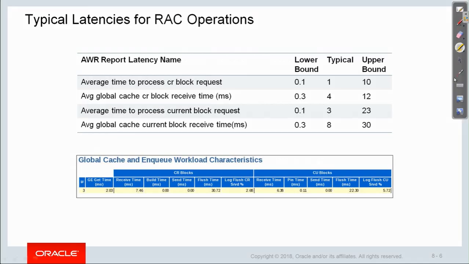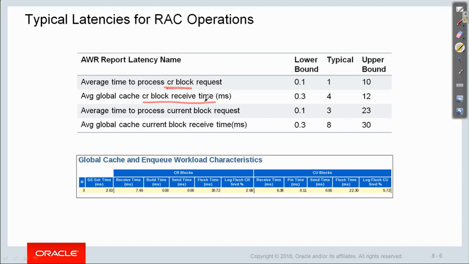When you look at this, it shows the average time to process a consistent read block and also to receive it. Your server process requests a consistent read block. We know what a consistent read block means, right? One session updates a record, or inserts or updates a record in the block. Before commit, another session requests the data that is being updated.